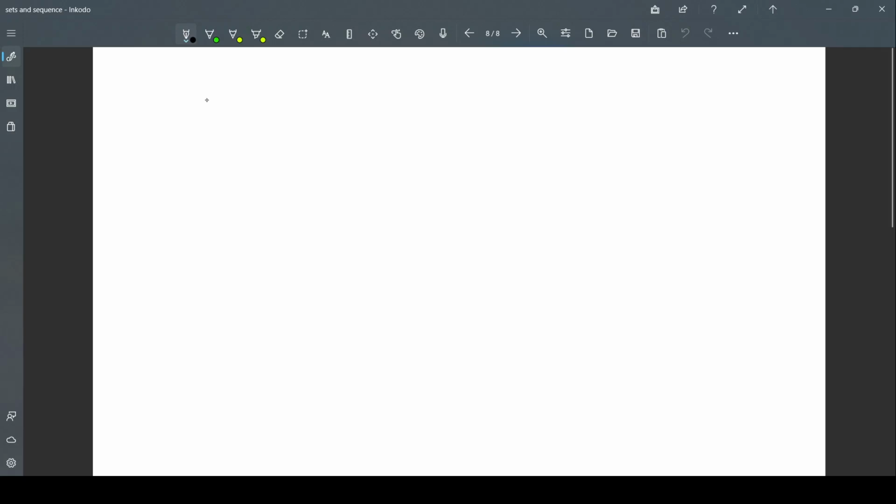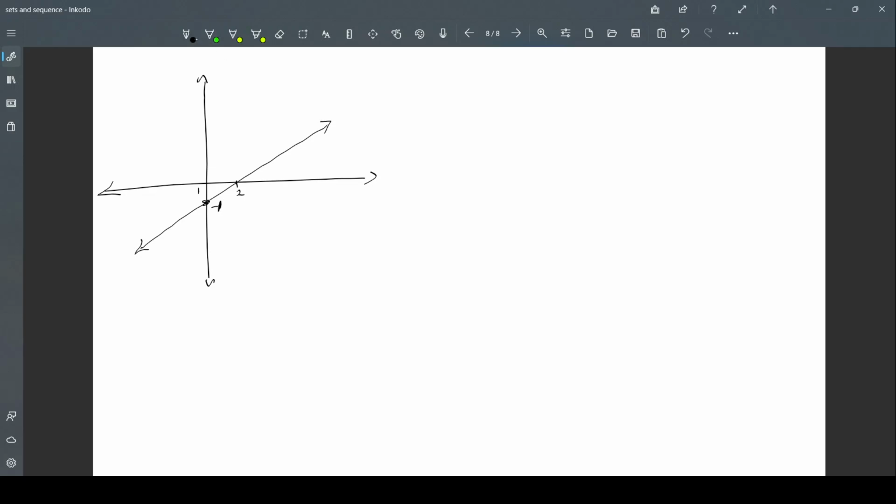Let's say this is a line I'm drawing here, and this crosses through -1 over here, and the gradient of this line is 1 by 2. Let's say this is 2.